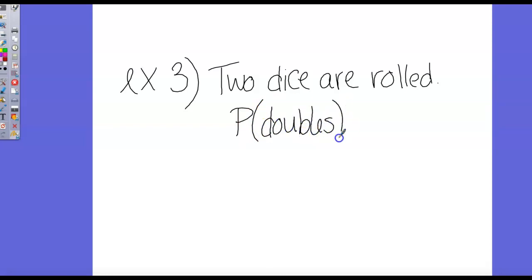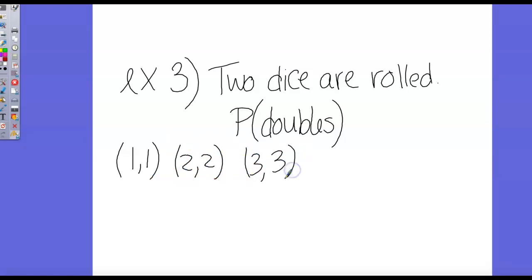I'm going to write it in list form this time instead of table form. What options do you have for doubles? Blake? 1 and 1, 2 and 2, right? So we're actually going to write those out. We have 1 and 1. We have 2 and 2. We have 3 and 3. This is list form.